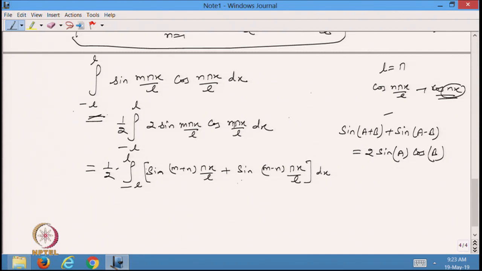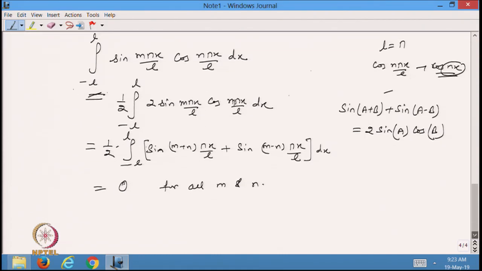And if you do the integration, then you will see that if I put in the limits, this becomes equal to 0. So, in this case I can say that this is always equal to 0 for all m and n. Even if m is equal to n, in that case also its value will be 0.